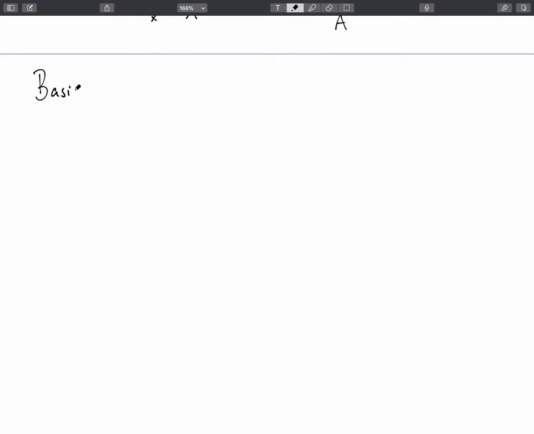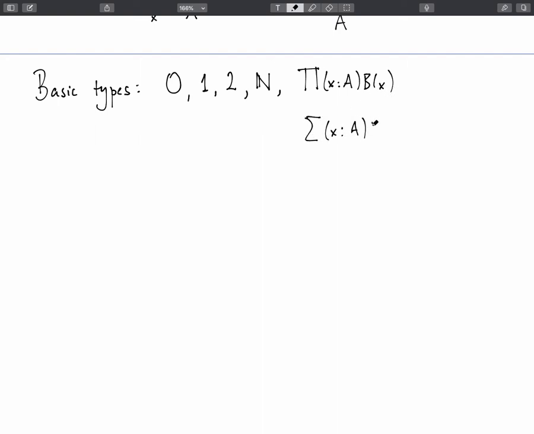I suspect we can't do this in its entirety, but doesn't matter, we'll just do it next week. I want the empty type, I want the 1-point type, the 2-point type, the natural numbers, I want products, I want sums, and I'd like to have the universe.